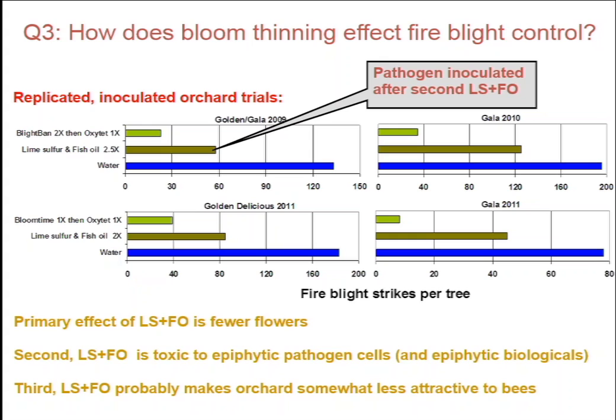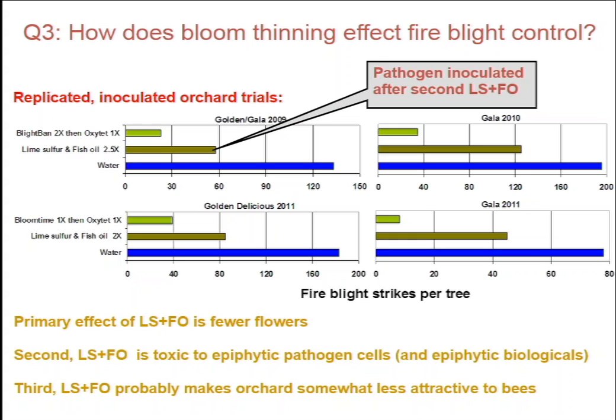And so the first effect of lime sulfur is that it thins flowers. In this chart right here, you can see where we put the kind of olive green bar in the center of these charts of these trials is that lime sulfur treatment, and we didn't put the pathogen on until after the second lime sulfur treatment. And lime sulfur is a very short residual.